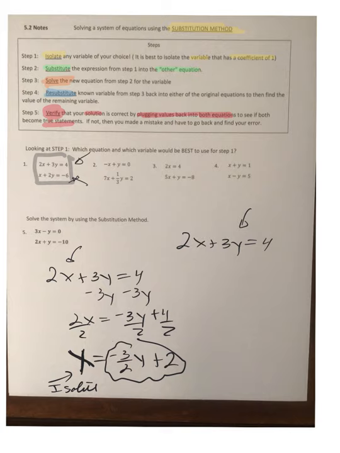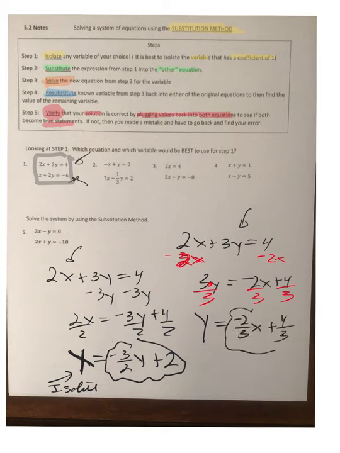So if he decided to isolate the y, then he would have subtracted 2x from both sides. And then he would have to divide out the 3 to every term. And then he got y by itself. But he also ran into a ton of fractions. But notice he isolated the y. You only have to isolate one of the variables.